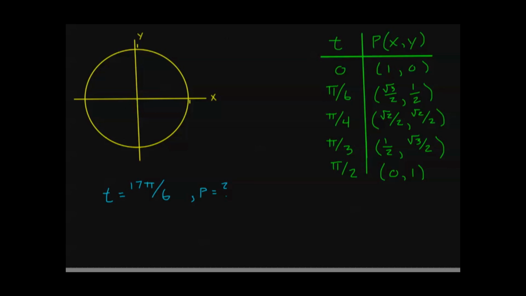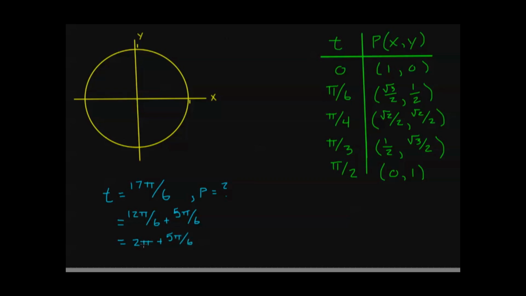So if I have this t equals 17 pi over 6, first let's break this down a little bit. 17 pi over 6 is the same as 12 pi over 6 plus 5 pi over 6, isn't it? And remember, 12 pi over 6 we can reduce down to 2 pi, and then we have plus 5 pi over 6.